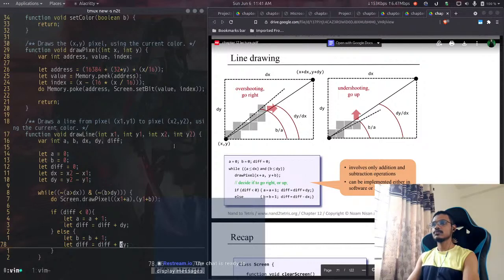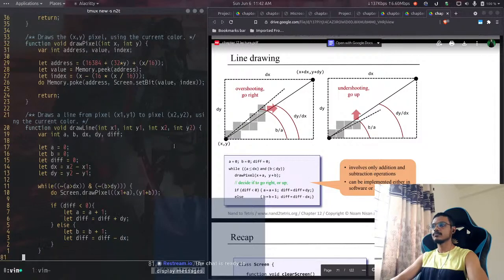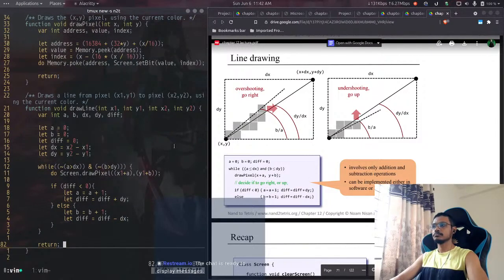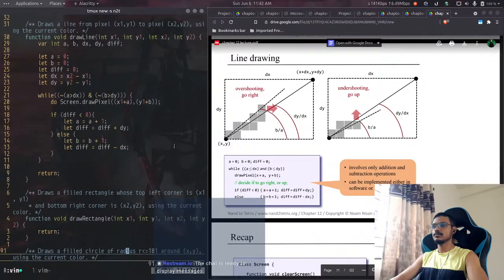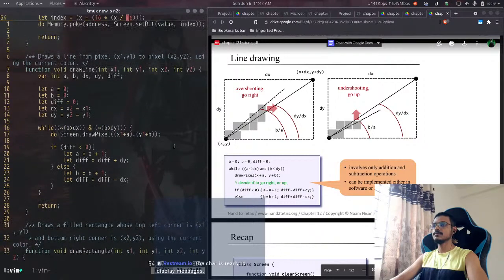And difference is equal to difference minus dx. That's it. That was easy.